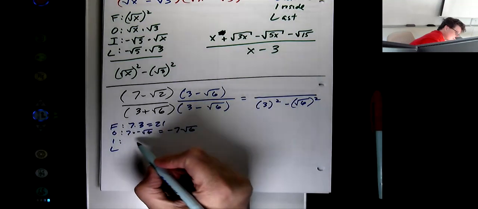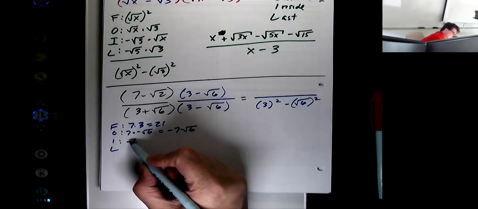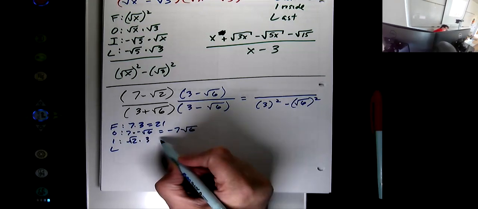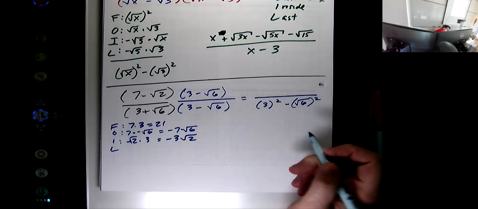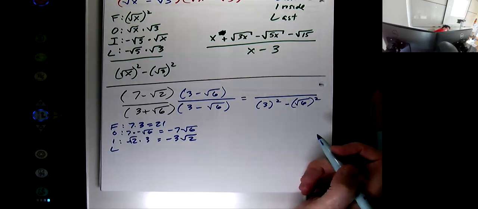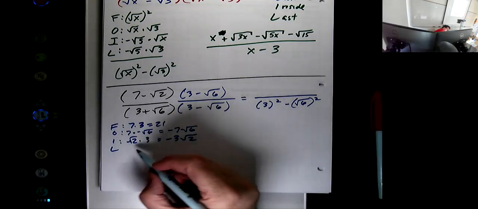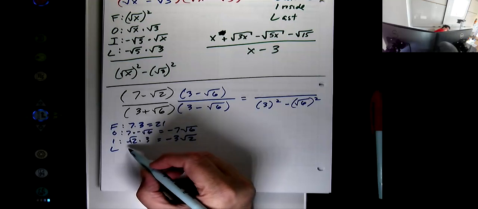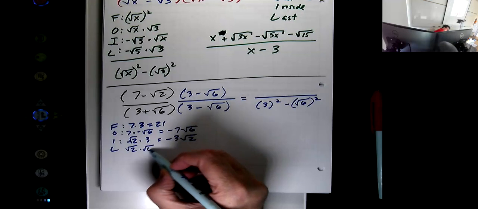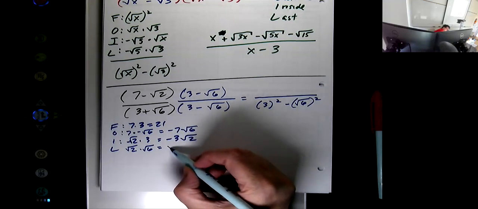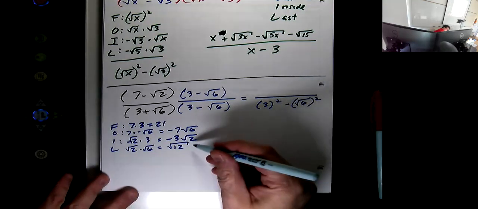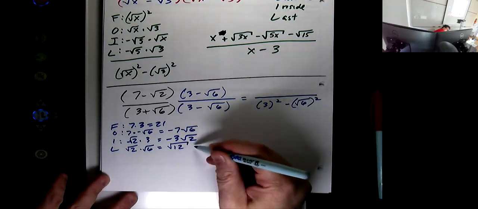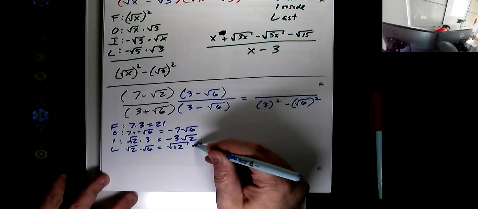Inside is negative root 2 times 3. Again, I can't move the 3 inside, it's just gotta stay outside. And root 2 times root 6. I can put these two together, now I can multiply on the inside, that's root 12. And we wanna simplify that, that is square root of 4 times square root of 3.